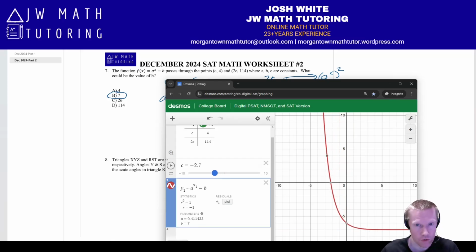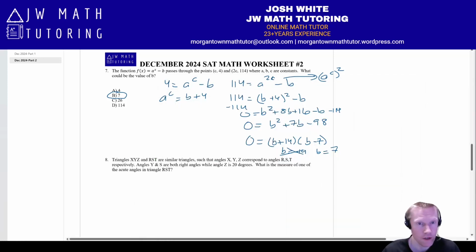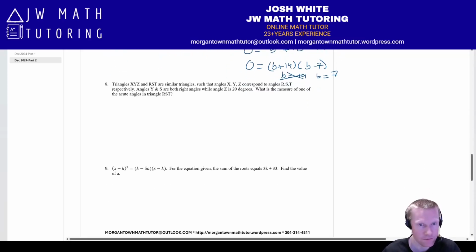Even if we move it to negatives. So, over here, notice the b value is still 7. Okay, it doesn't matter. So this is how you could do it in Desmos. Probably quicker than doing this all out by hand, but still get the same answer, letter B, 7.